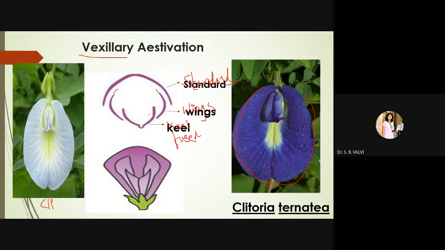When you open these wings, you will get the keel. They are a very narrow structure present inside the wings, right? So please do remember vexillary estivation, with example Clitoria.